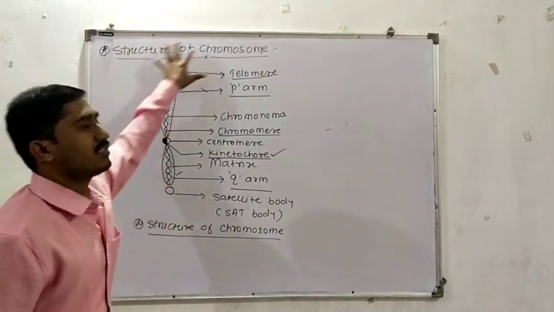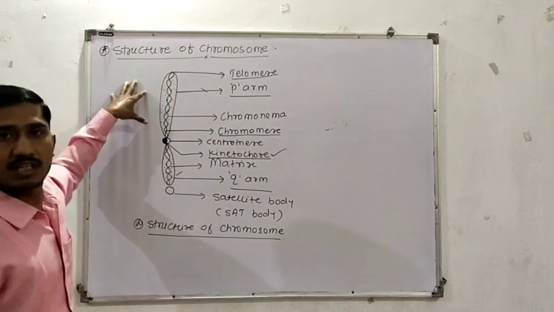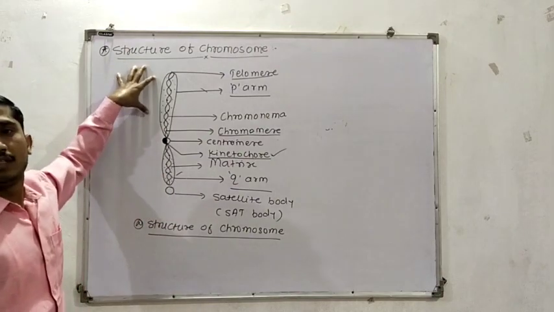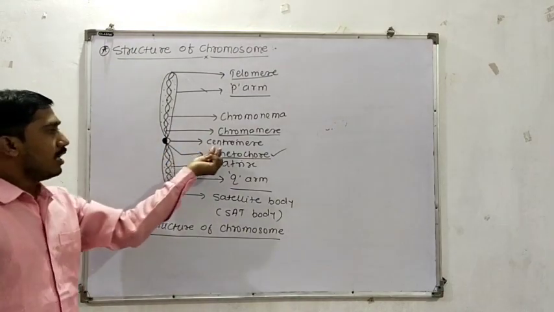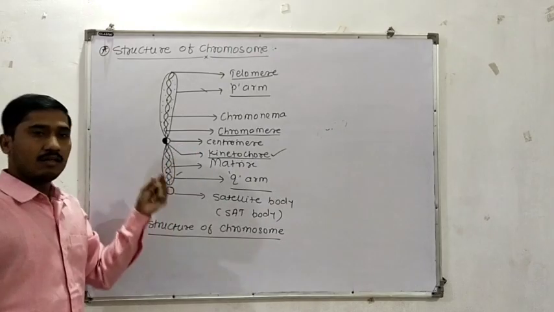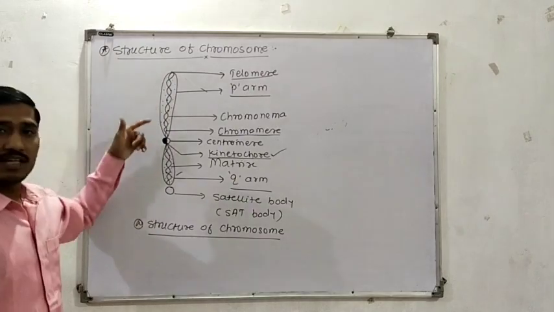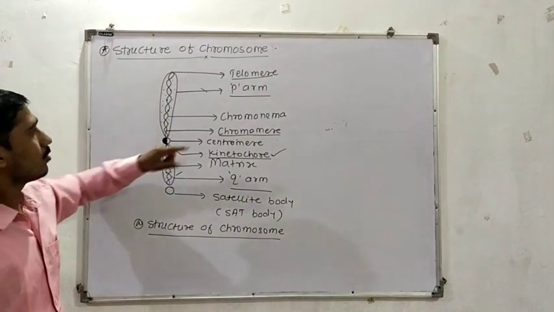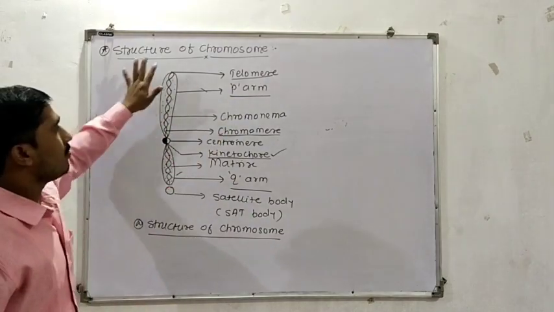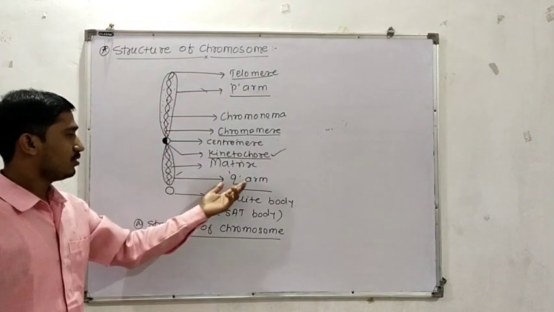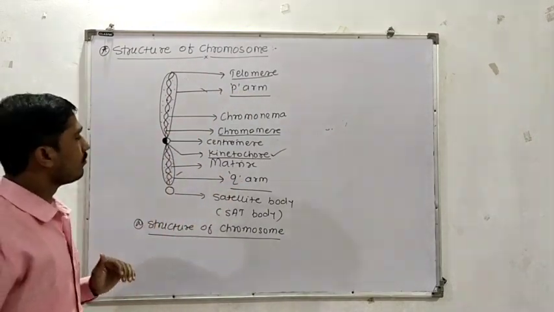Clear? So let's summarize this structure. What we saw: there is a primary constriction called the centromere. To the centromere, two chromatids are attached, also called arms. One arm is longer, that is the P arm. One arm is shorter, that is the Q arm.